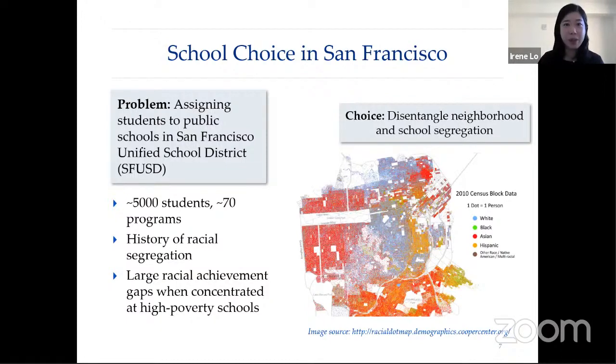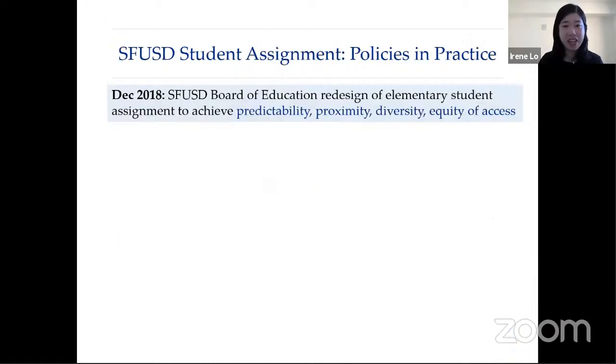In December 2018, the Board of Education of the San Francisco Unified School District launched a redesign of elementary student assignment to achieve predictability, proximity, diversity, and equity of access. Let's say I asked you to design who gets to go to school in San Francisco.